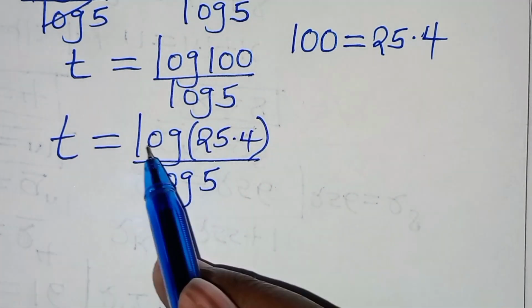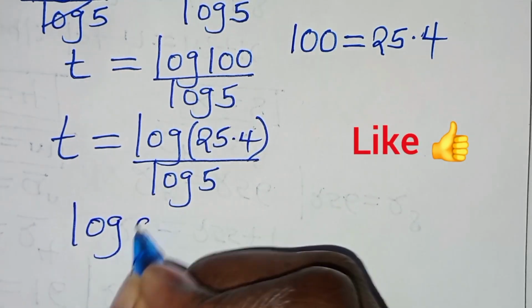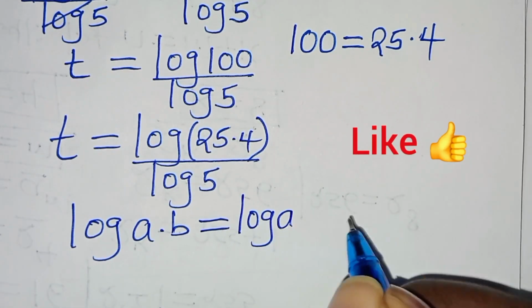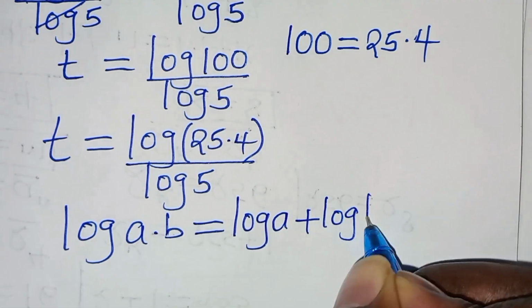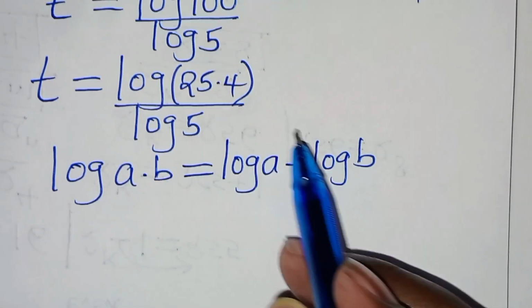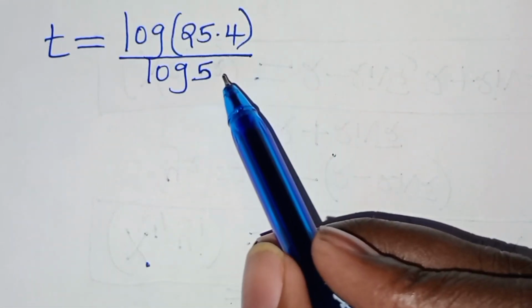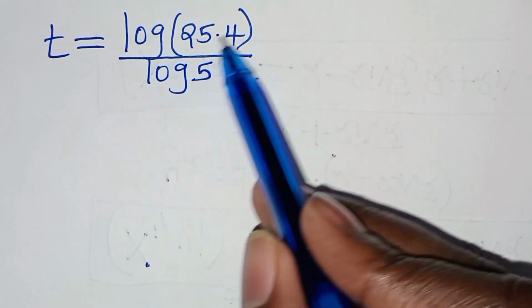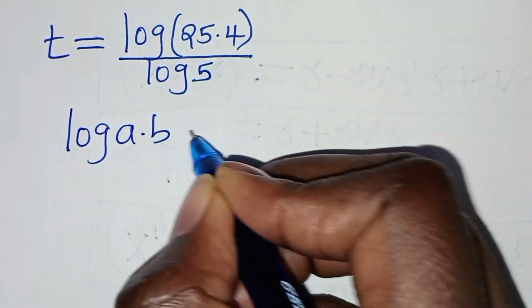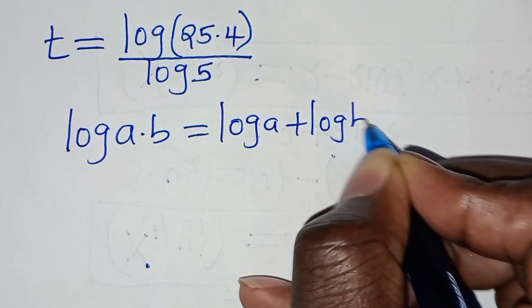Now, log of 25 times 4 is in the form of log a times b, which we can express as log a plus log b.